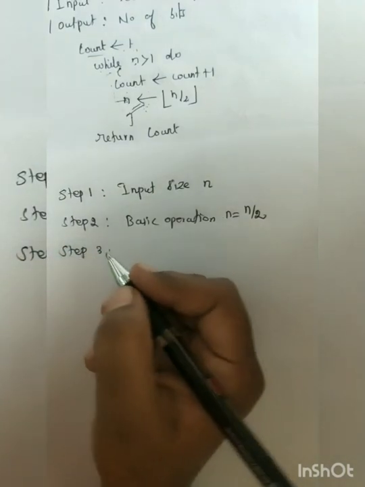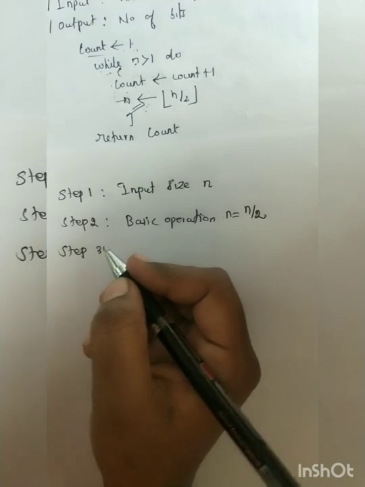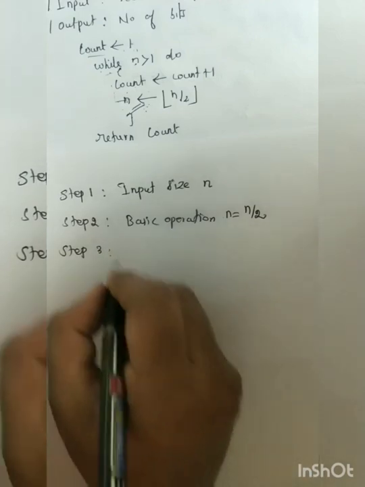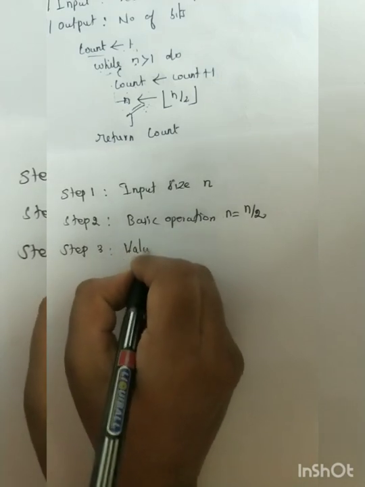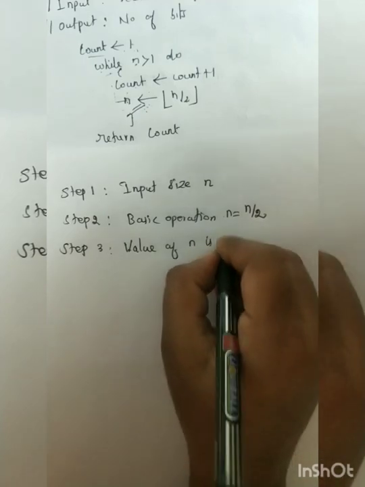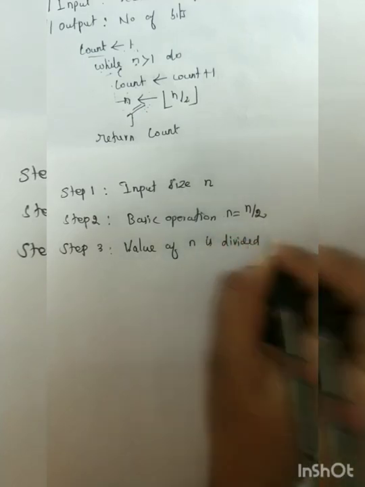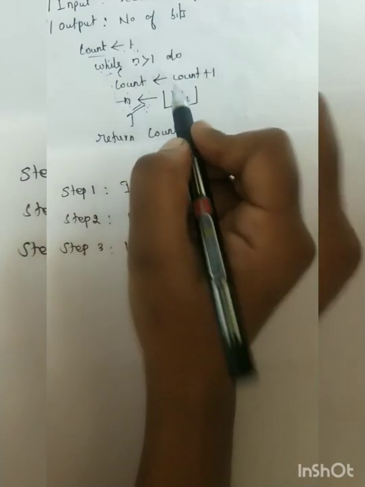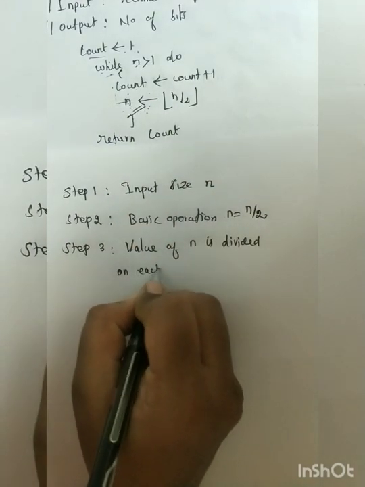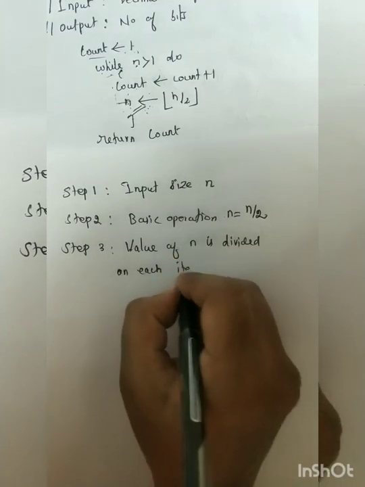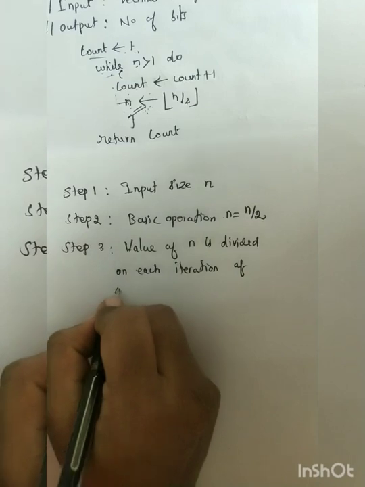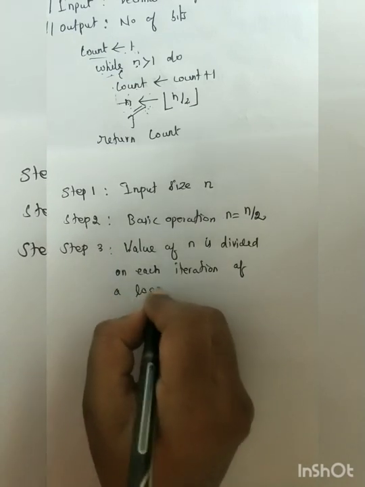Step 3 is how many times the basic operation will execute. Here the value of n is divided on each iteration of the loop.